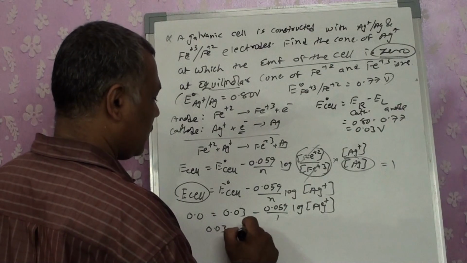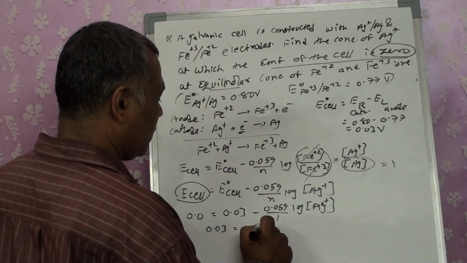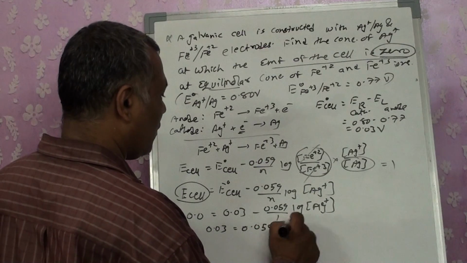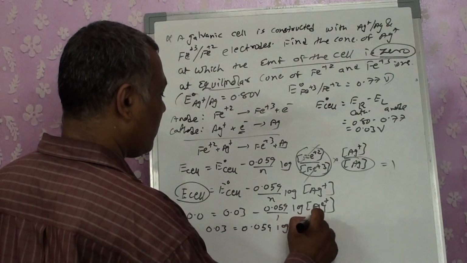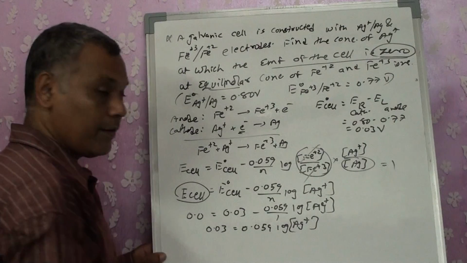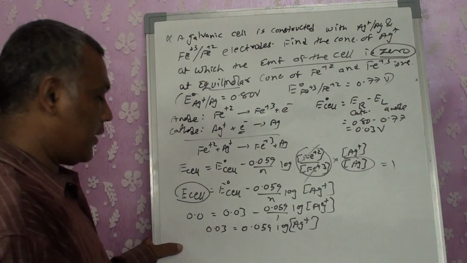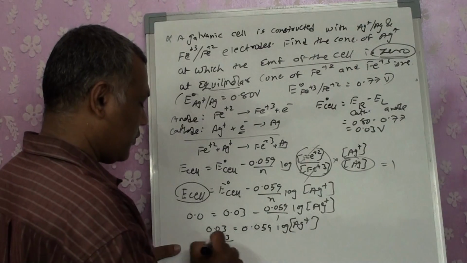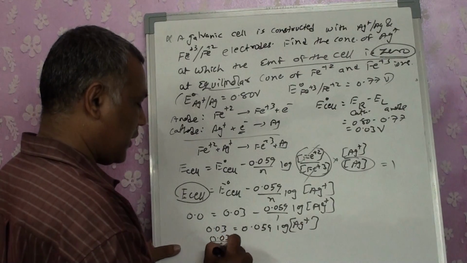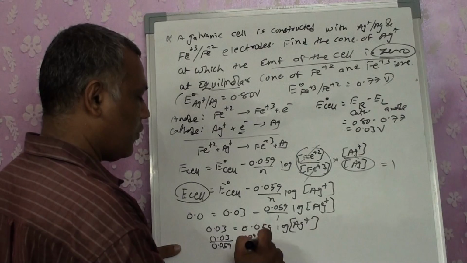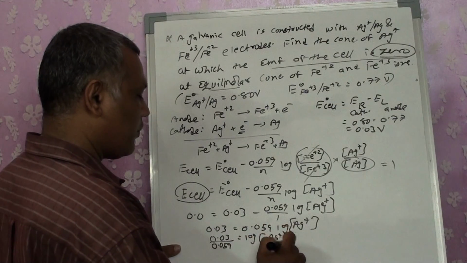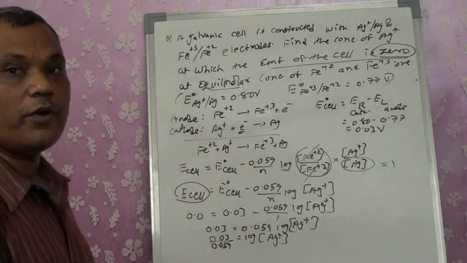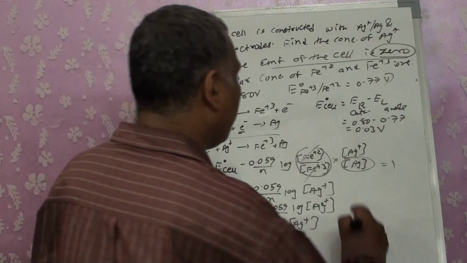So from this, can I write 0.03 is equal to 0.059 log Ag plus. Okay, so 0.03 by 0.059 is equal to log of Ag plus.